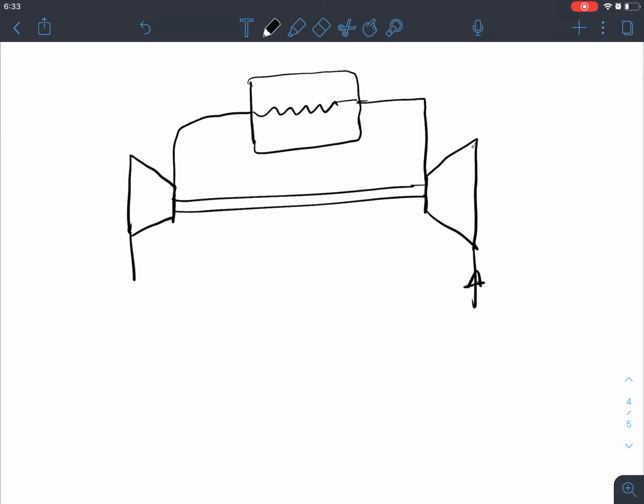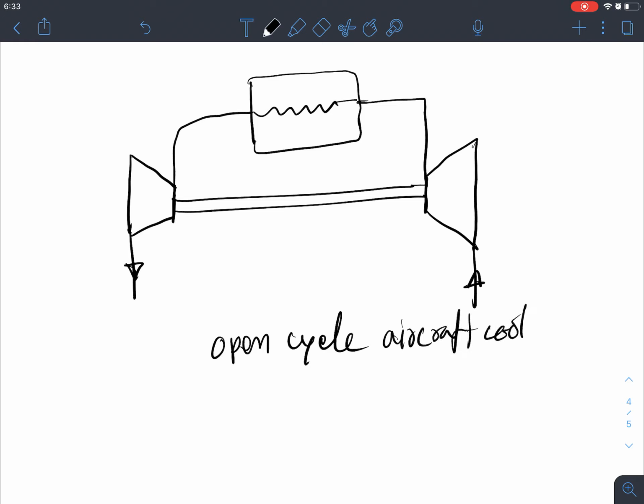So here, and this is the output. So it's an open cycle aircraft cooling system. This is the compressor, basically consuming some work, WC, and this turbine is producing some work, WT.